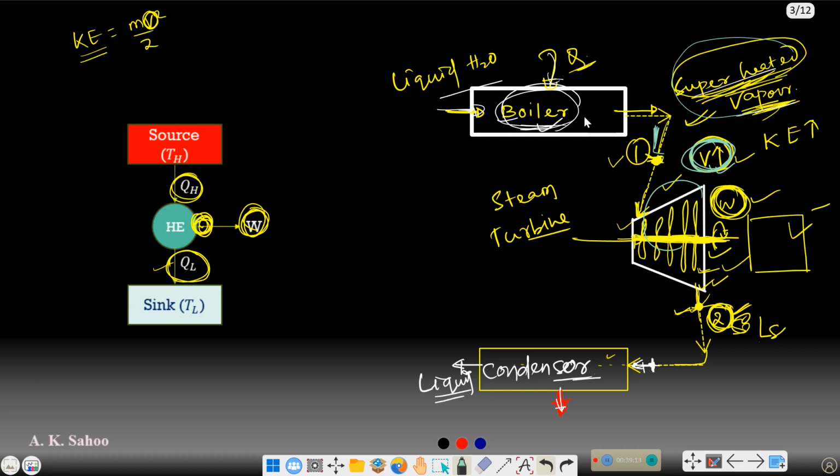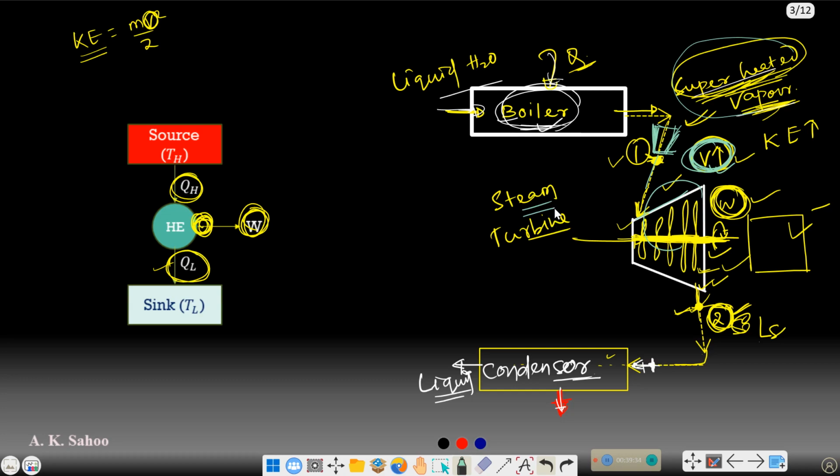So in between the boiler and the turbine we may have a nozzle. What is the function of the nozzle? It is used to increase the velocity of the fluid, right? So here we are increasing the velocity of the fluid and sending the high velocity, high kinetic energy fluid to a turbine.